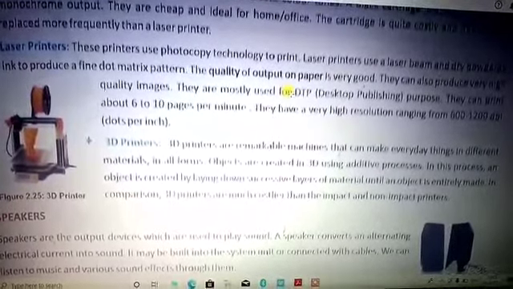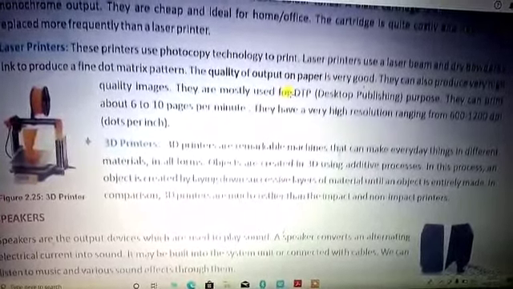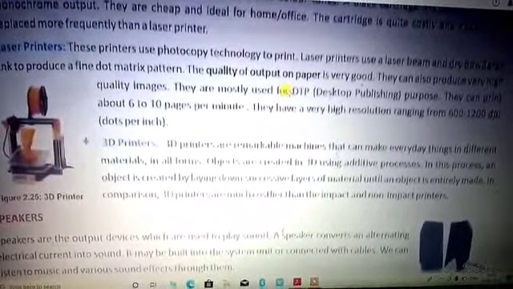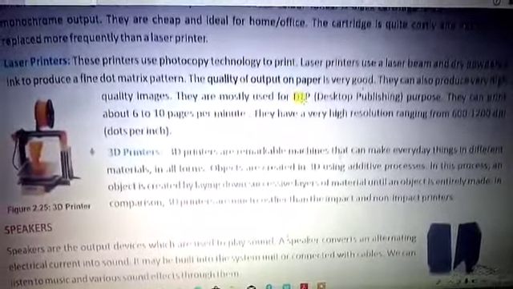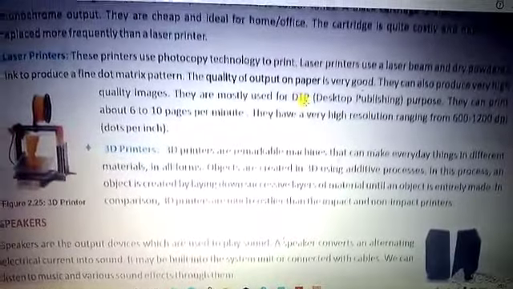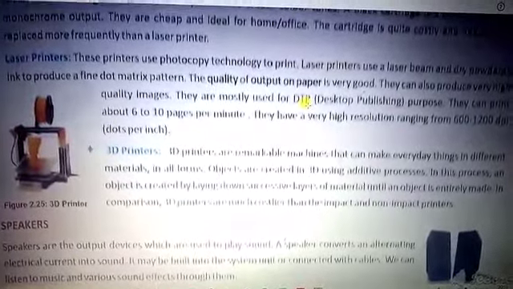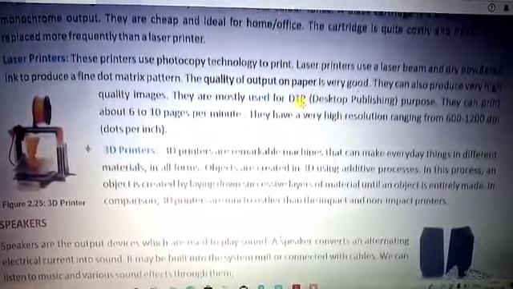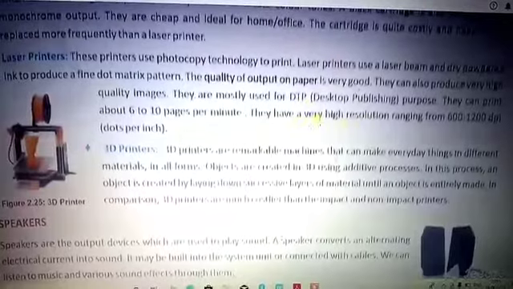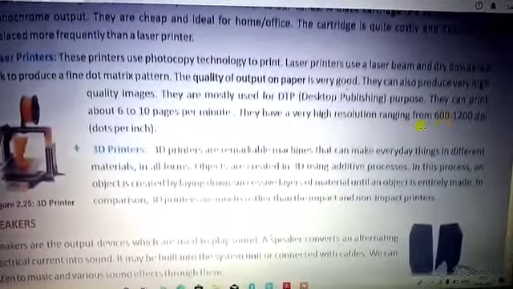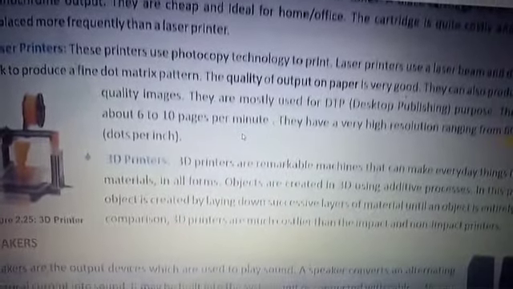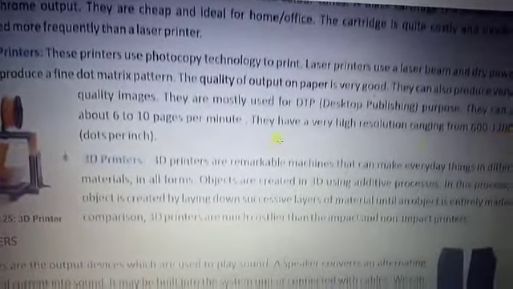It also creates thousands of dots during the scanning process, and according to the dots the black carbon powder is spread onto the paper. The heated roller passes over it and creates the hard copy of the information displayed on the monitor screen as soft copy. The resolution of this printer is 600 to 1200 dpi, dots per inch.